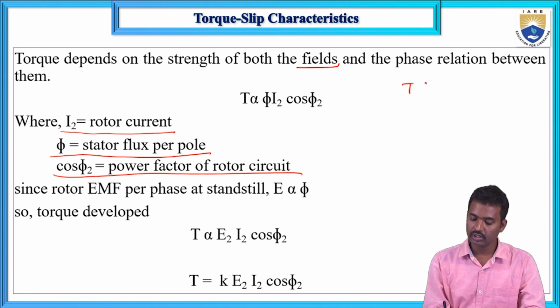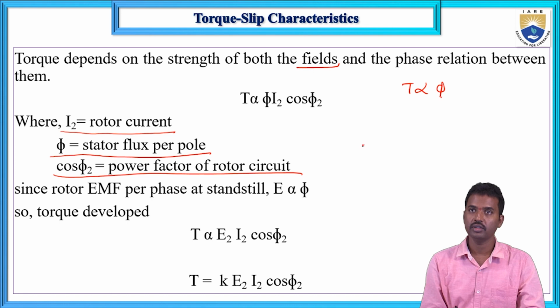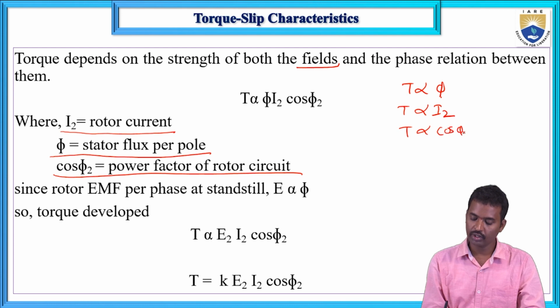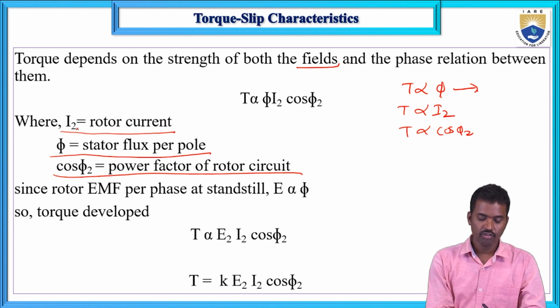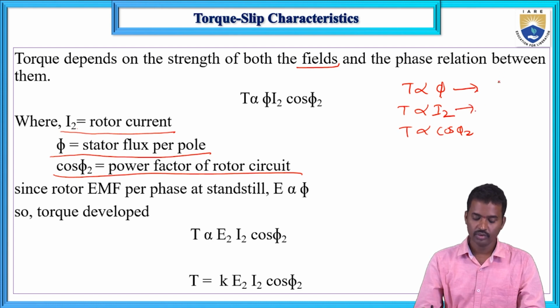T is directly proportional to phi, to I2, and to cos phi 2.